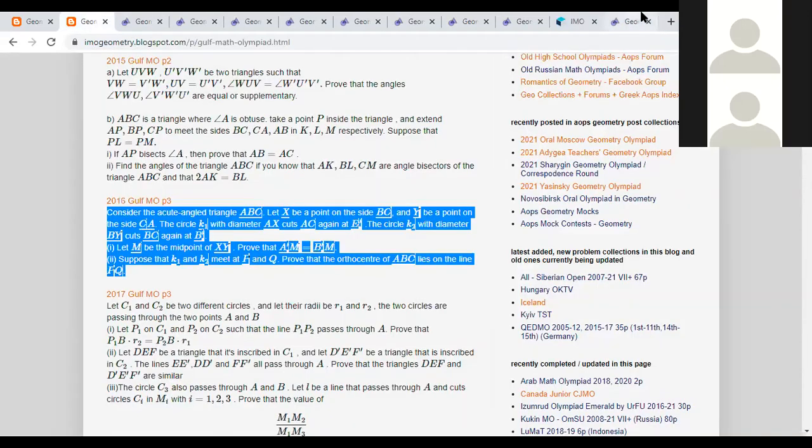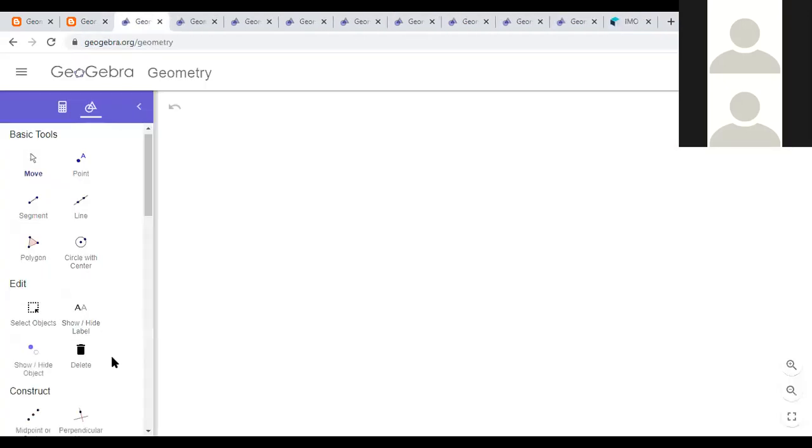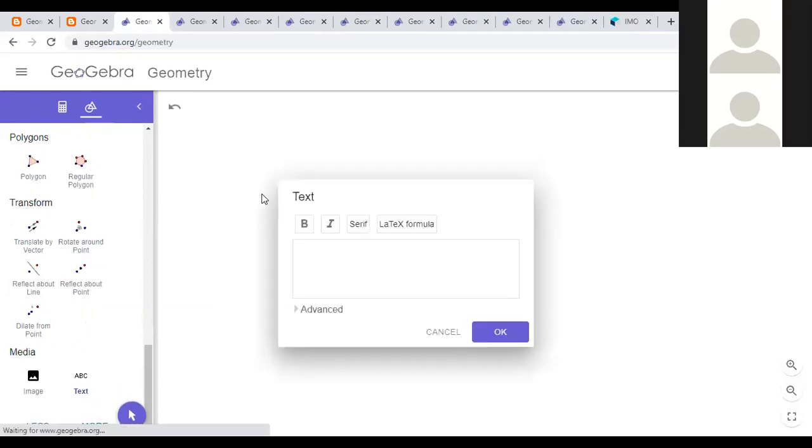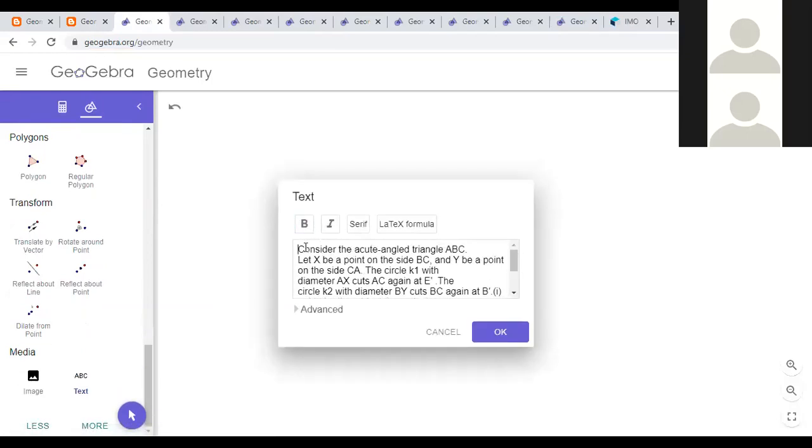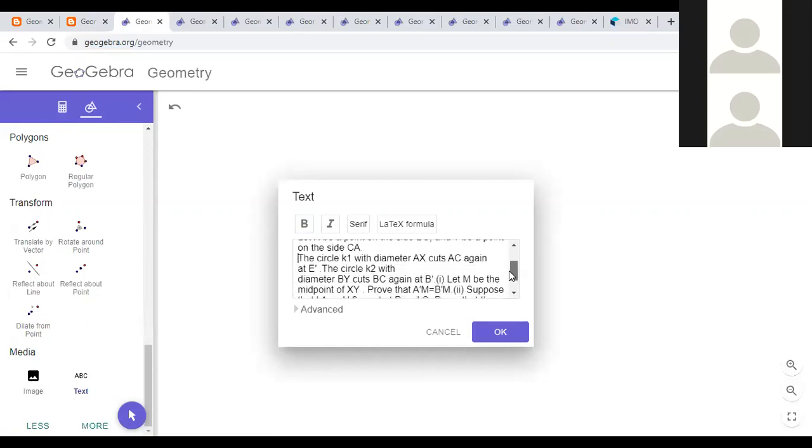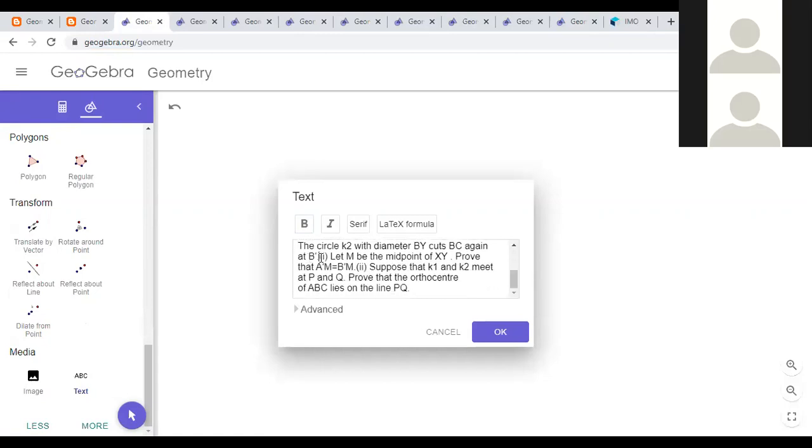So let's see. This is the 2016 Golf Math Olympiad. So this is a two-parter.